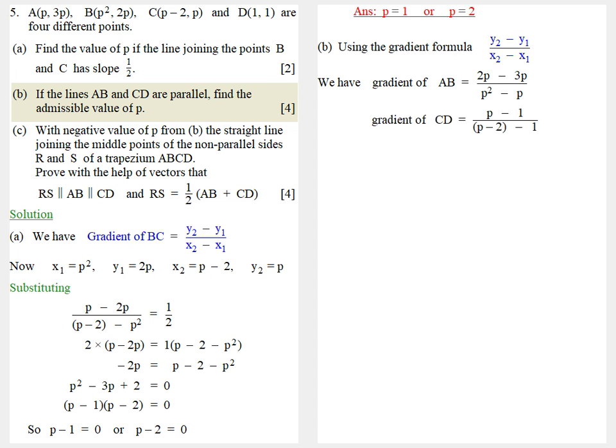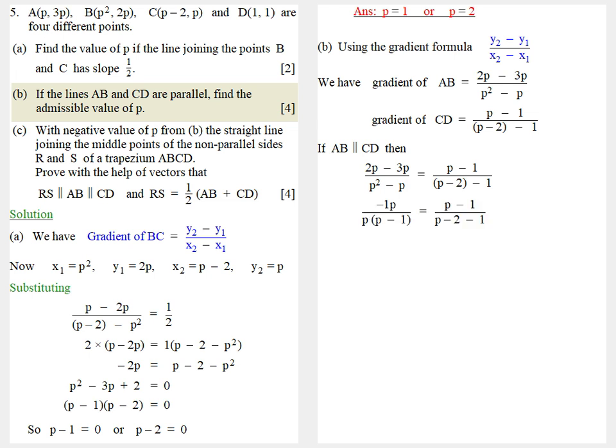And the gradient of CD can be shown to be (p minus 1) over (p minus 2 minus 1). Now, if AB is parallel to CD, those two expressions are equal. So we have (2p minus 3p) over (p squared minus p) equals (p minus 1) over (p minus 2 minus 1). Now we can simplify those.